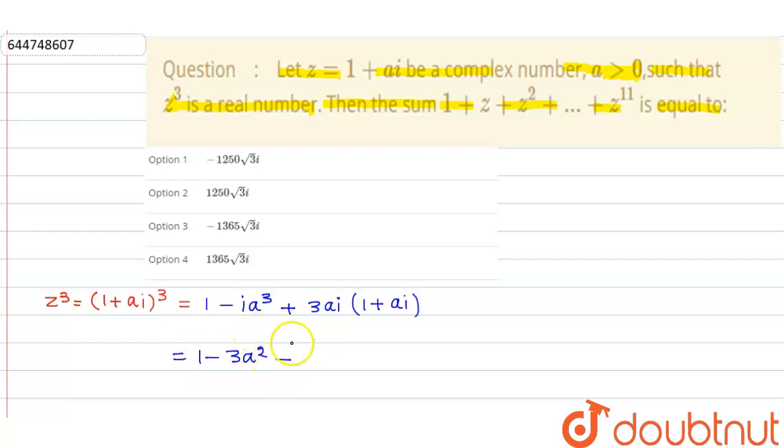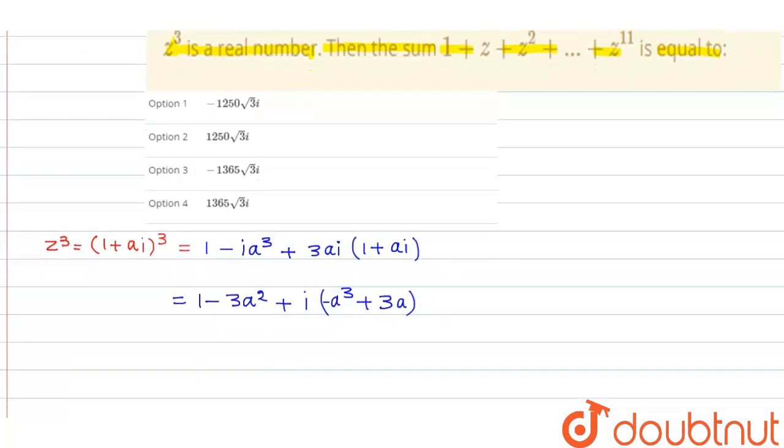Now again, just take i common. So you get a³, sorry, this will be minus a³, and here you get 3a.